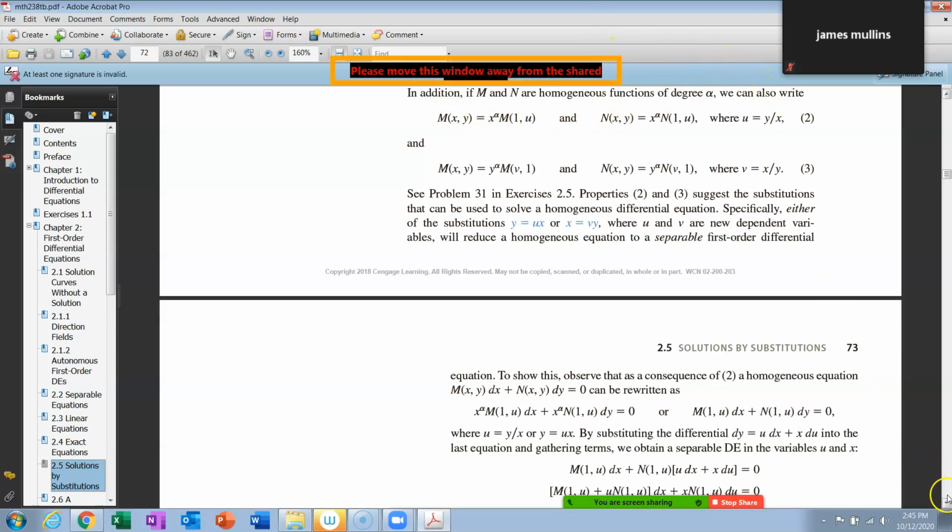Okay, a homogeneous equation can be written as x to the alpha m of 1, u dx plus x to the alpha n of 1, u dy equals 0, or m of 1, u dx plus n of 1, u dy equals 0, where u is y over x, y is u times x.